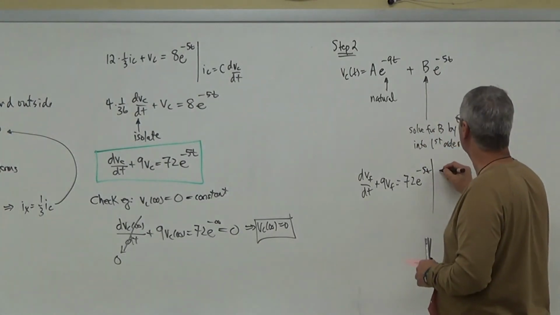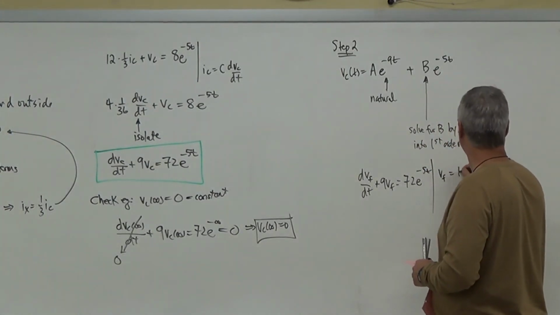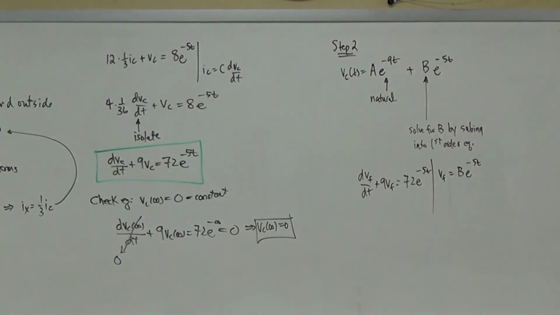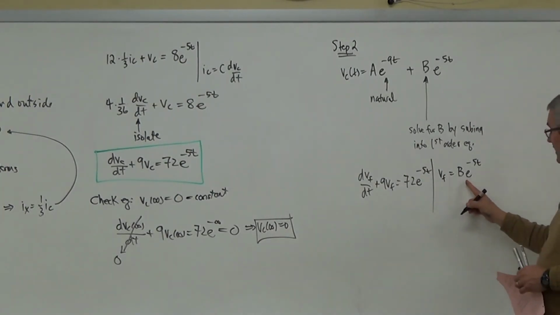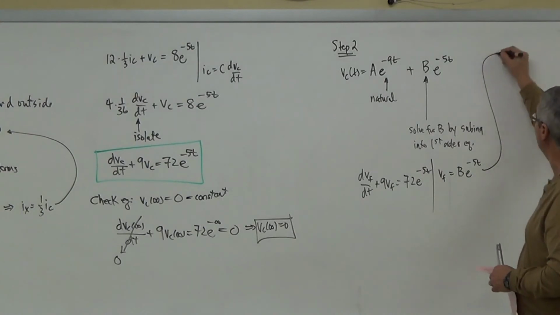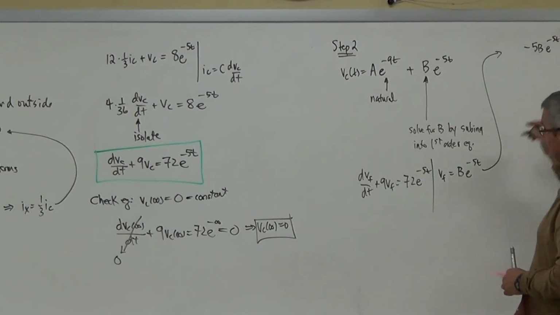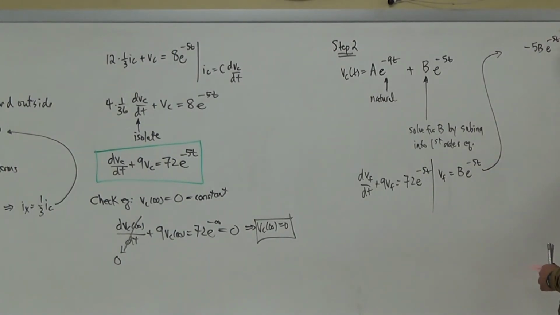This tells me that I'm going to set Vf as b e to the minus 5t. So if I plug this in here, this equation tells me that I'm going to get minus 5b e to the minus 5t plus 9b e to the minus 5t equals 72 e to the minus 5t.